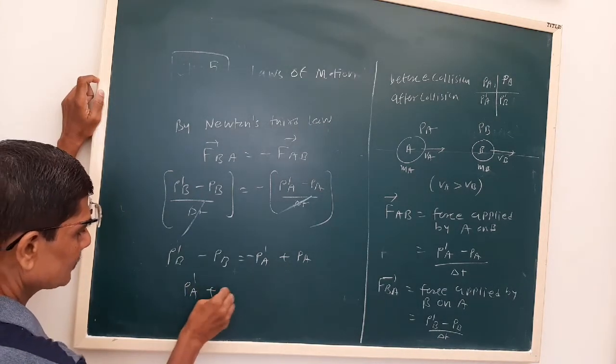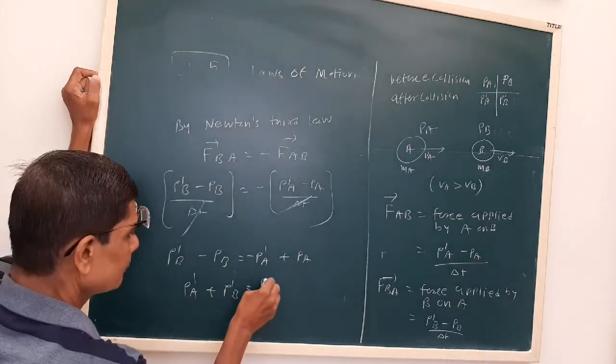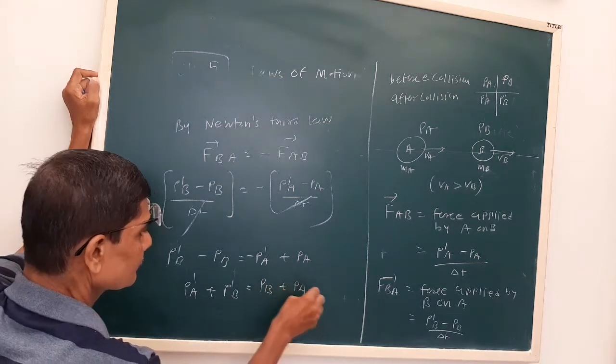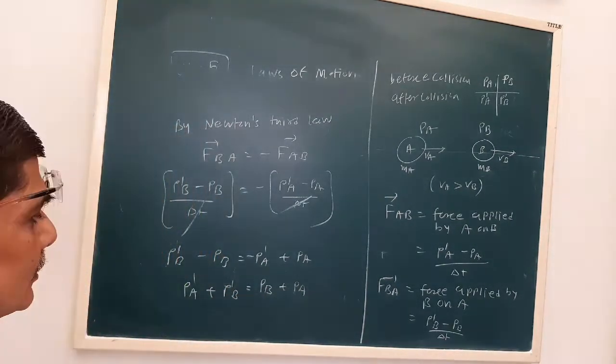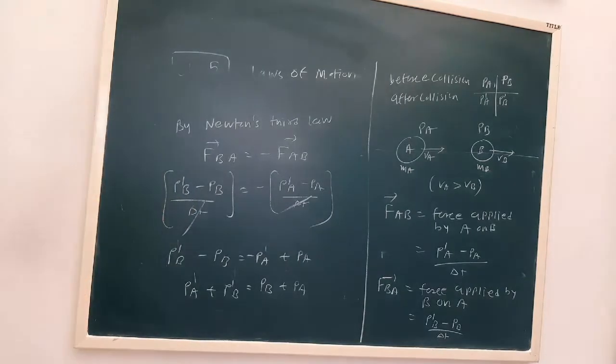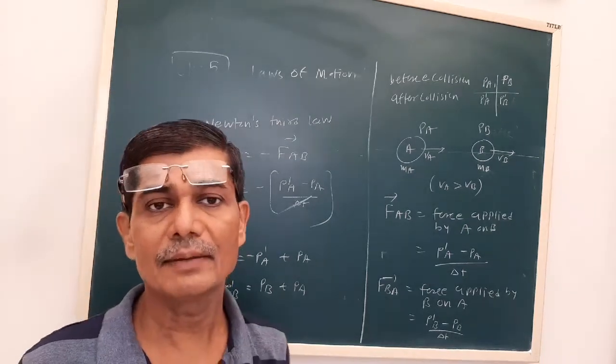Now we can write P dash A plus P dash B is the final momentum. PA plus PB is the initial momentum of the system, that is before collision. P dash A plus P dash B is the final momentum, that is the momentum of the system after collision.